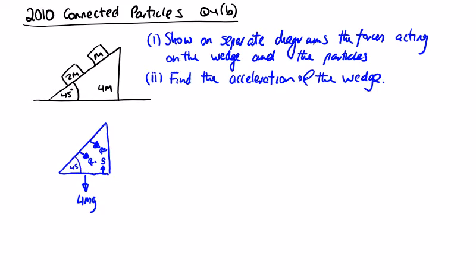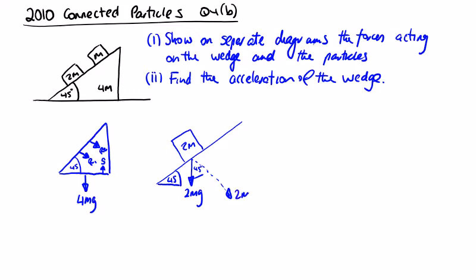Okay, so the key with questions like this is the acceleration of the particles, which we'll do in the next part. Let's look at 2m. So we have 2mg, and the 45. That line is supposed to be straight. We have a 45 in there.